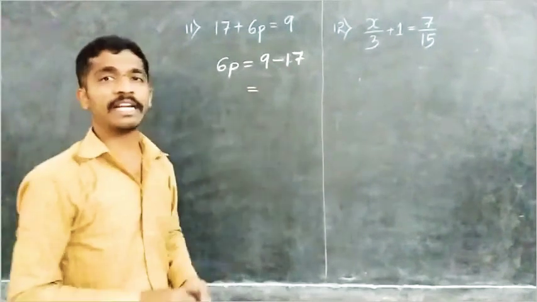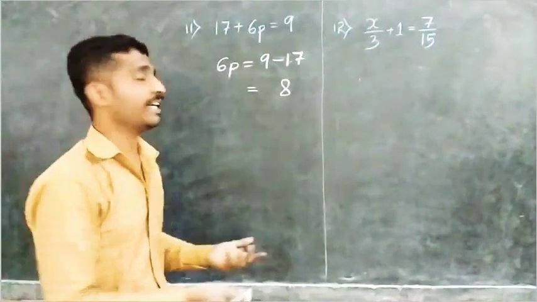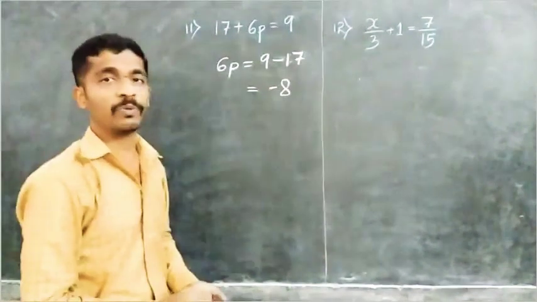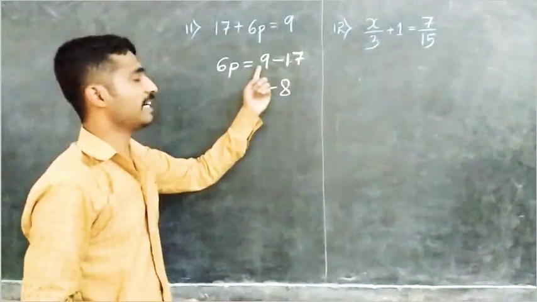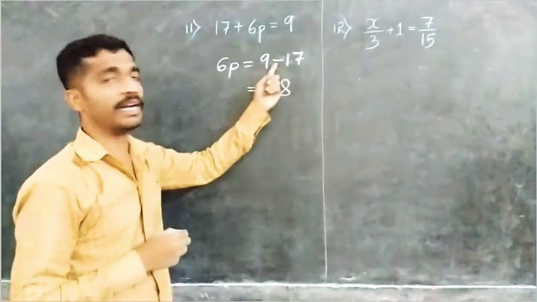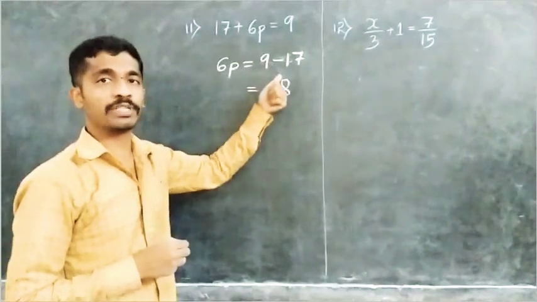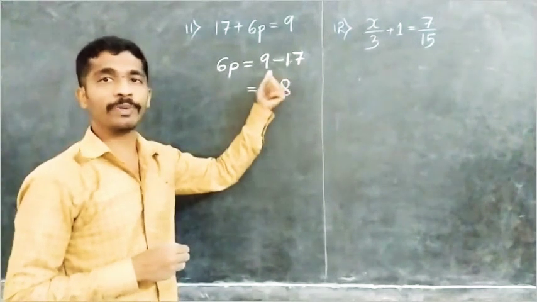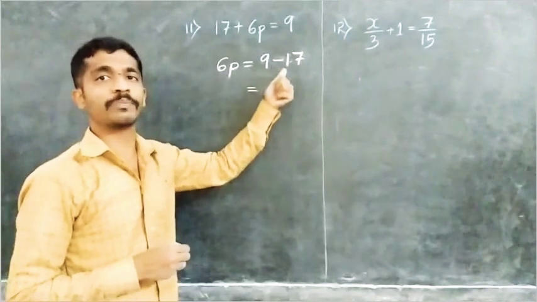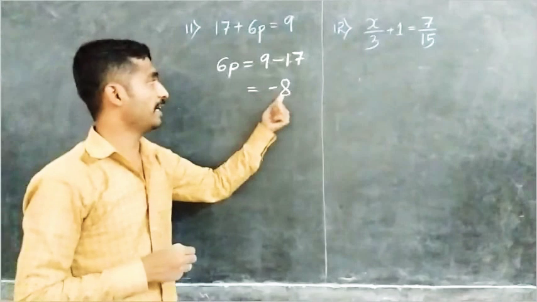Okay, 17 minus 9 means how much? 8. Okay, which 8? It is minus 8. Why? Here 9 sign is plus. If there is no sign, it means there is plus. Plus and minus, we have opposite signs. Whenever we have opposite signs, that time we have to subtract the smaller from the bigger number and keep the bigger number's sign, that is minus 8.